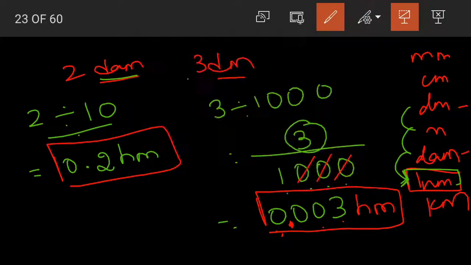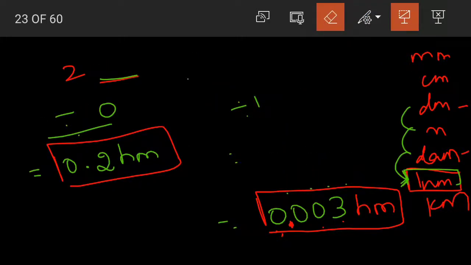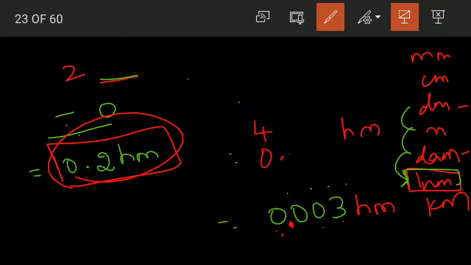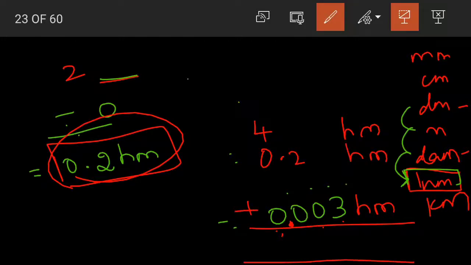Remember in the question we already had 4 hectometers. What did we have in the question? We already have 4 hectometers. So I'll write 4 hectometers. Then we have our 0.2 hectometers. And then we are adding our 0.003. For the remaining places, we can simply fill zeros.